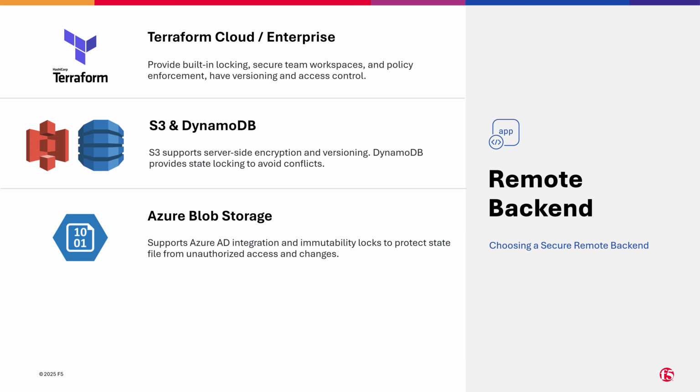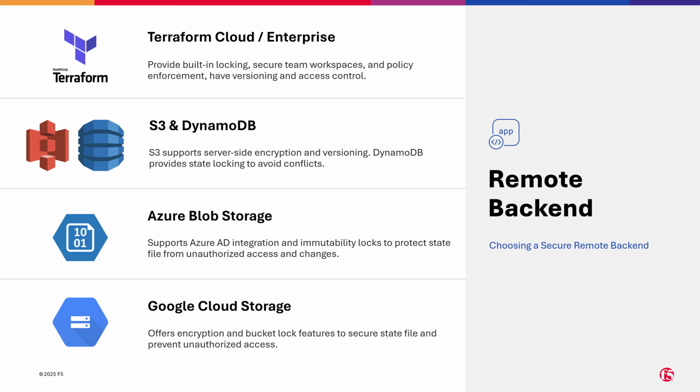It supports Azure AD integration and immutability locks, which help protect your state file from unauthorized access and changes. Google Cloud Storage is also a good choice. It offers encryption and bucket lock features, which help secure your state file and prevent unauthorized access. Remember that the backend you choose should meet your organization's security and compliance requirements. Always confirm your choice with your security team.